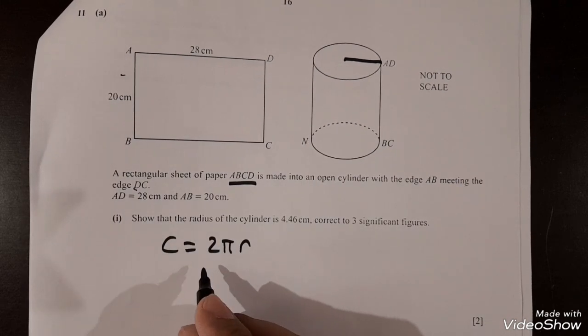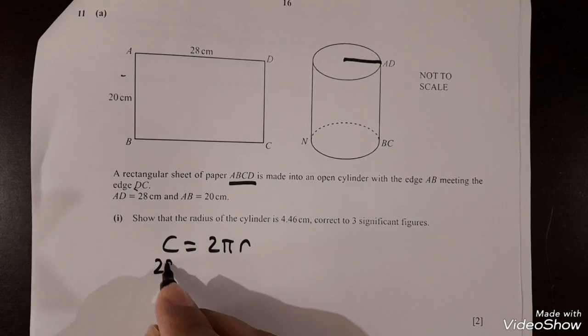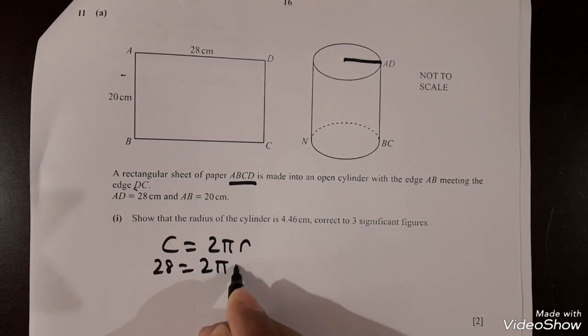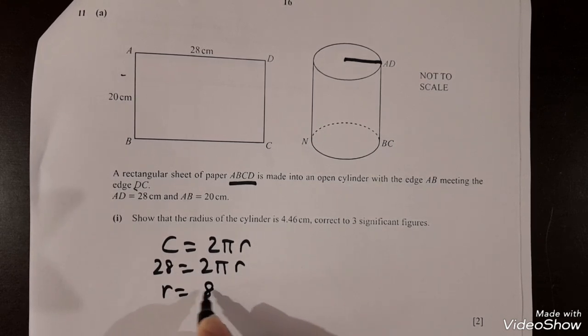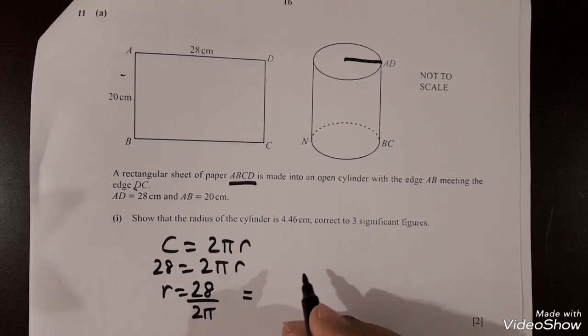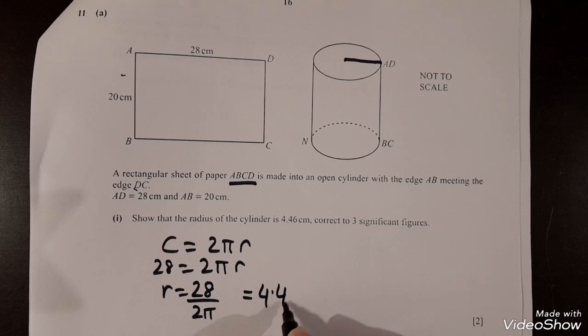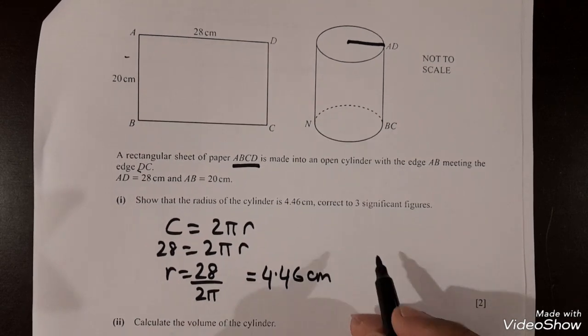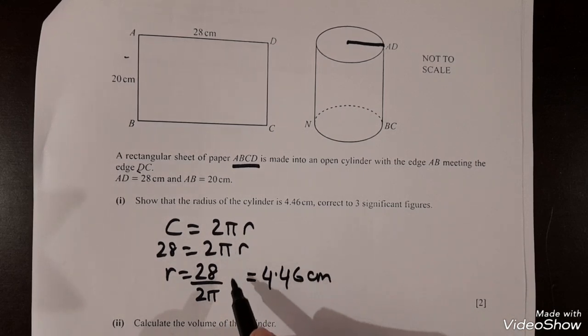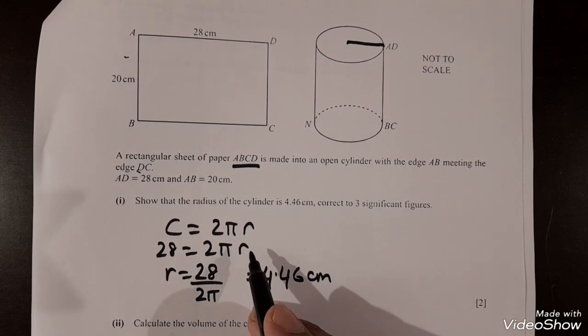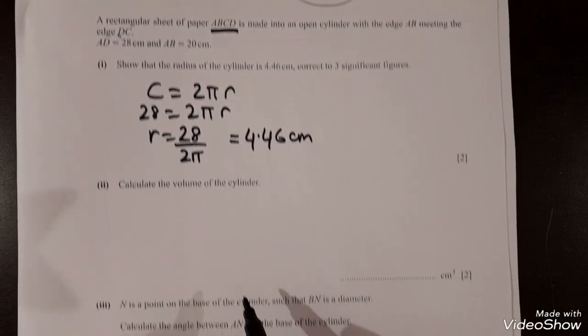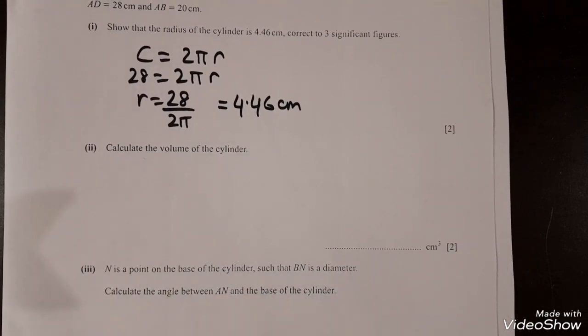So 28 equals 2 pi r, so r is equal to 28 divided by 2 pi, which is 4.46 centimeters. So we have shown the correct steps on how to calculate the radius of the cylinder. Then part 2 states calculate the volume of the cylinder.